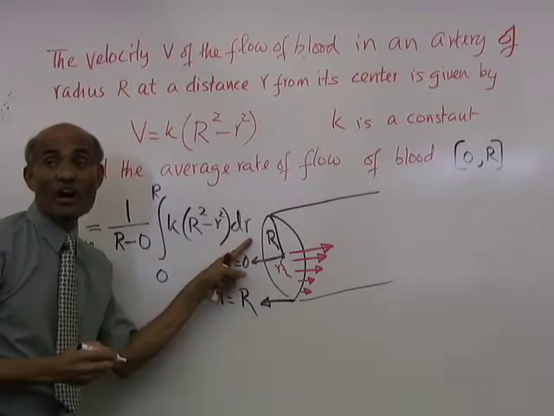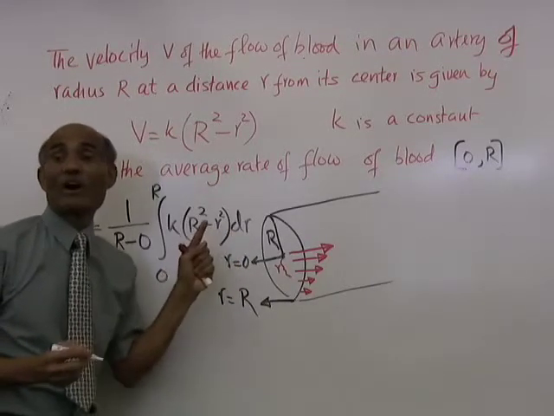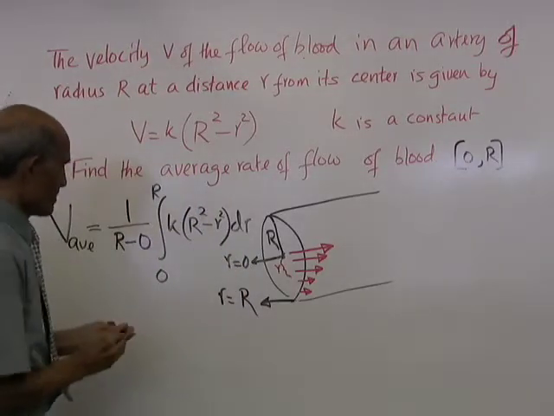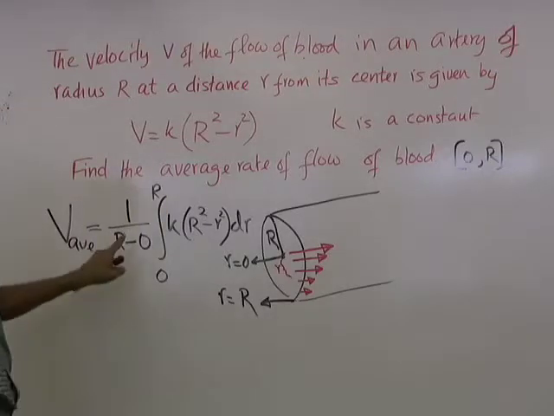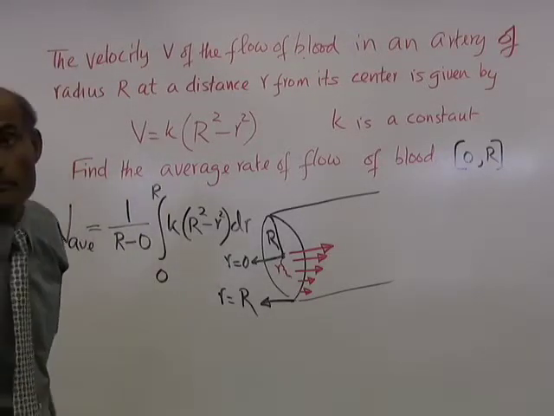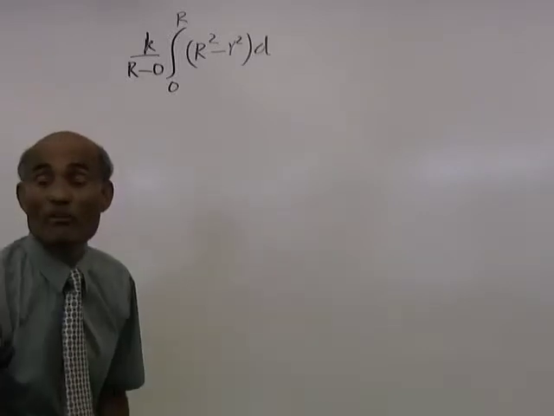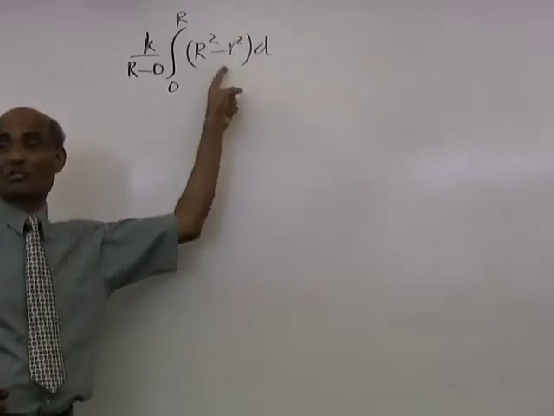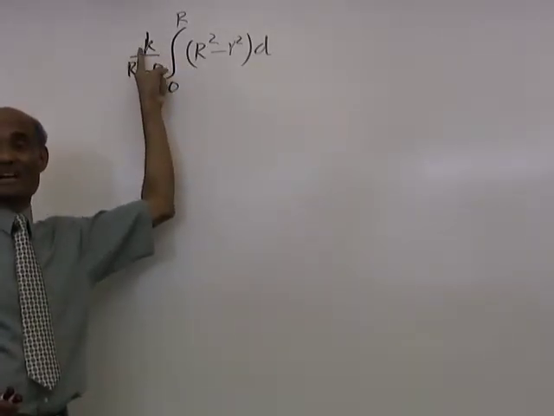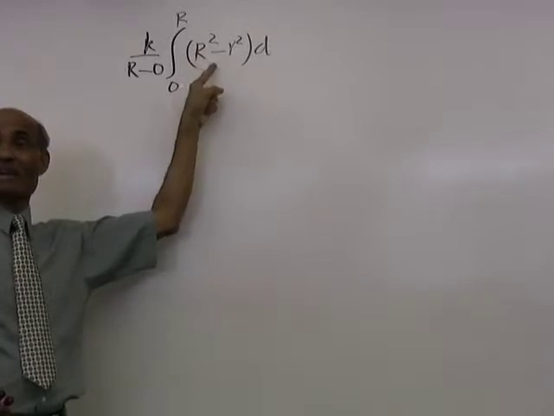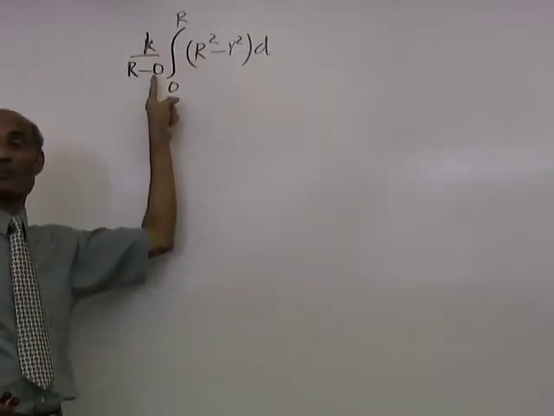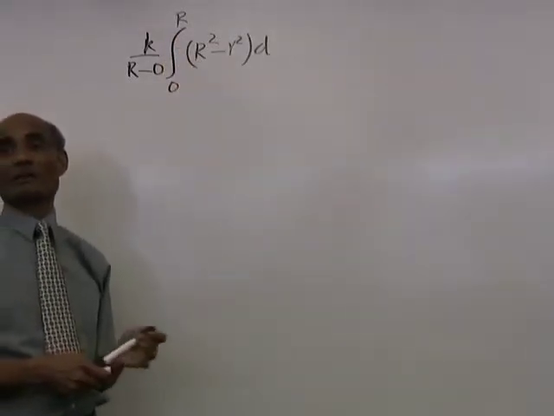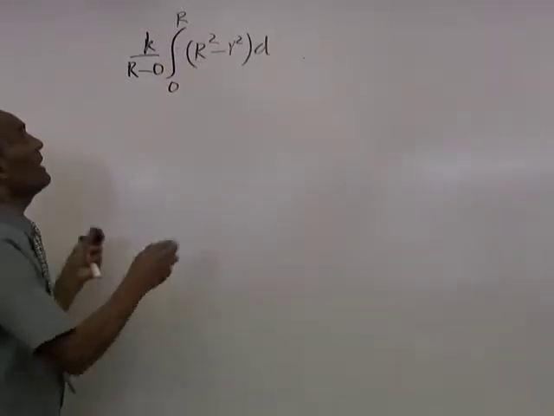Lowercase r is our variable. Uppercase R is a constant. You've got to understand that. Alright, let's work it out. Remember our function is v equal to k times (R squared minus r squared). And we can take that k outside. So what we want to evaluate is this: k over R minus 0, integral 0 to R of (R squared minus r squared) dr.